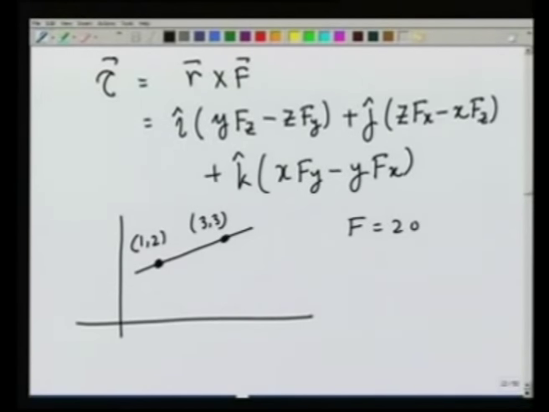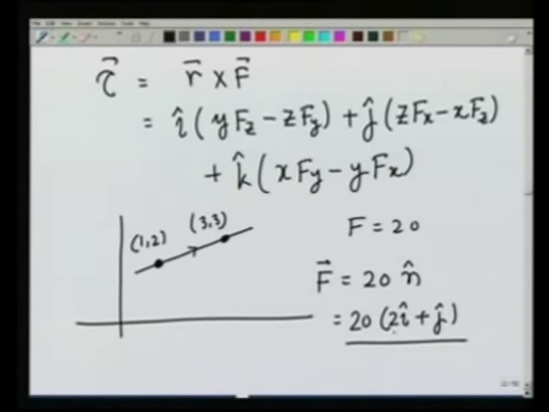If I were to write the force as a vector, it would be 20 times a unit vector in this direction, which I can write as 2i plus j divided by the magnitude of this vector, which is square root of 5.